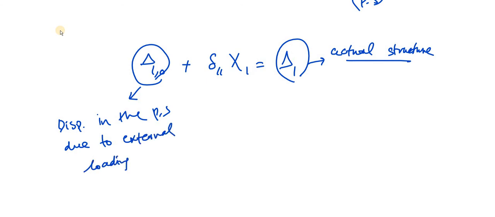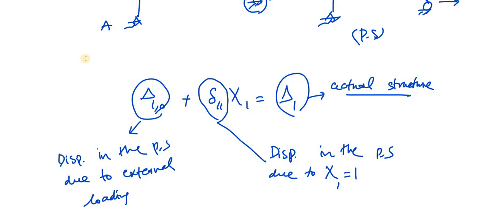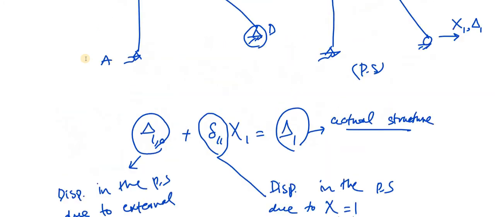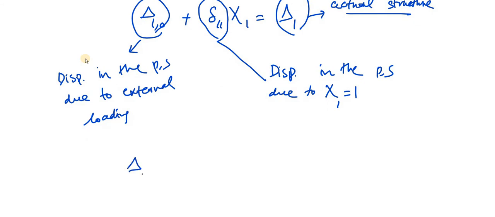And this term is displacement in the primary structure, but this is due to unit value of x1. So you have been using this equation for beams and for arches as well, so I hope by now you're familiar with this. So it comes down to finding delta 1 naught and delta 1 1.